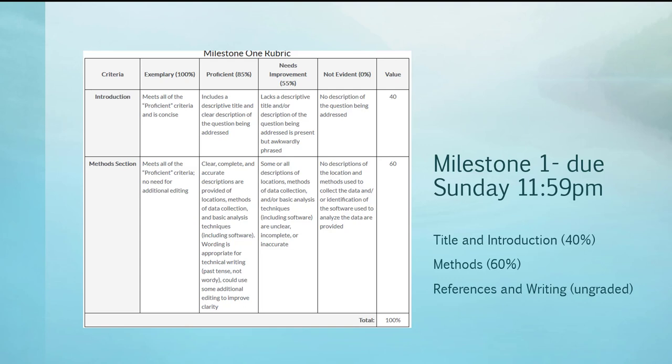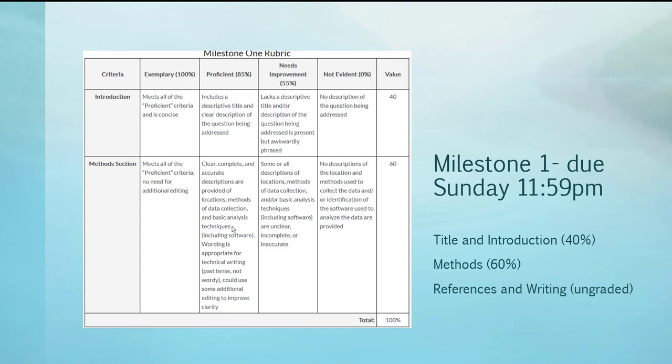So that includes the what, the how, and the why. For the methods section, you need to have clear, complete, accurate descriptions of the locations. So that's the first subsection. The methods of data collection, those are the McCann method, point count method, and vegetation data descriptions. And then the analysis techniques, including the software.